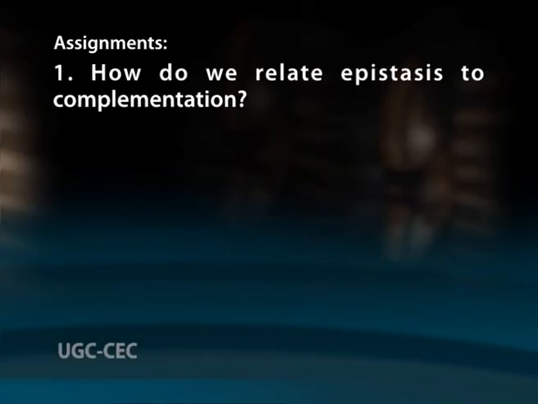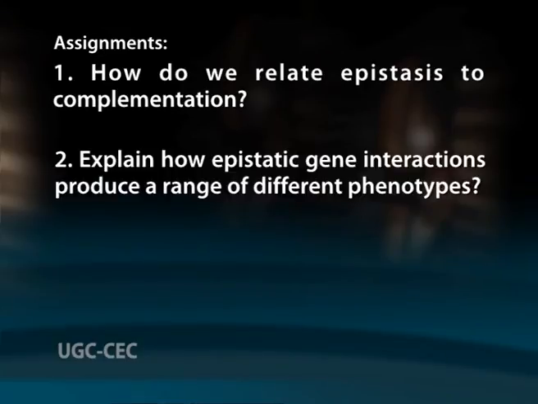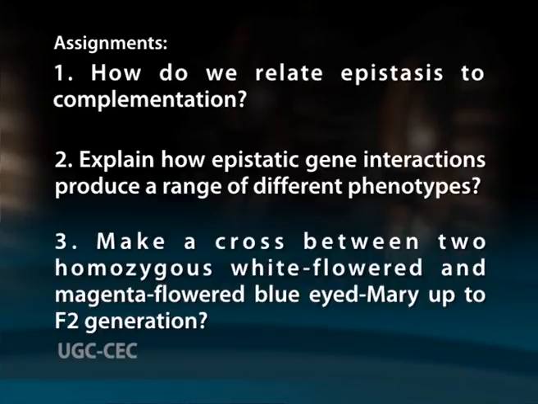Now, try to work out some of the given assignments. 1. How do we relate epistasis to complementation? 2. Explain how epistatic gene interactions produce a range of different phenotypes. 3.